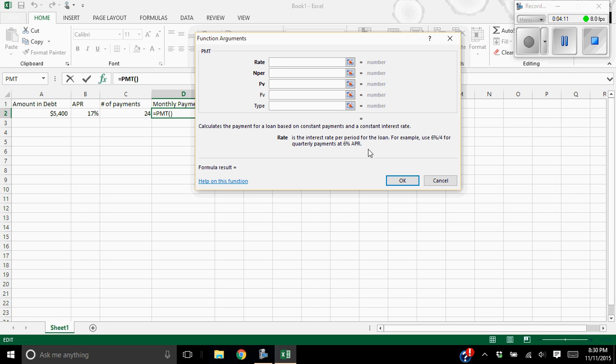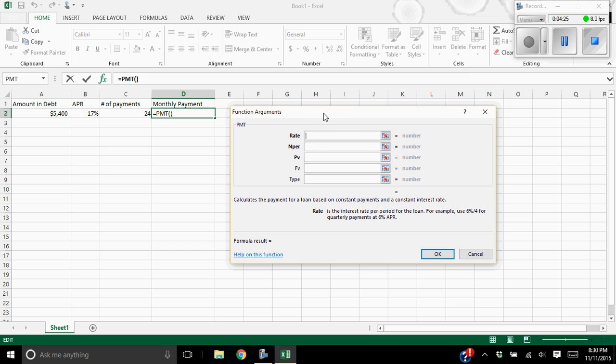Now in ours, we have a 17% interest rate, but that 17% is really per year, so we can divide that by 12. Because we are using Excel, we don't want to have to type those numbers in. So instead, we're going to do B2 and then put that divided sign in there, divided by 12. That one we are going to have to type in.